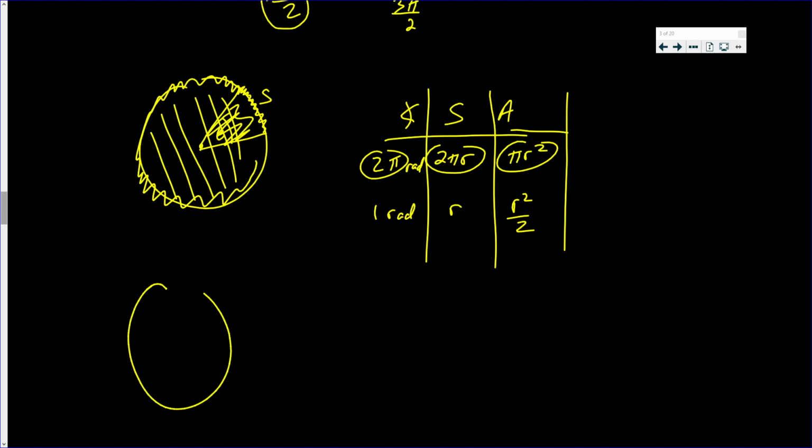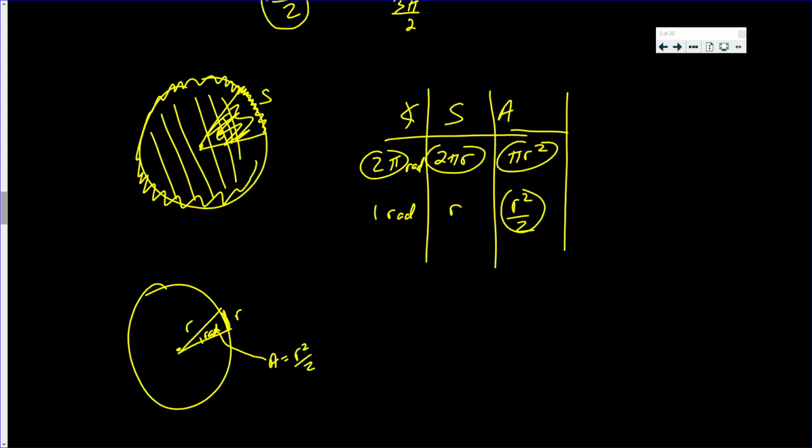That means the following. If that angle is 1 radian, and the radius is r, then S, this arc length, is r, and the area is r squared over 2. That's for 1 radian.